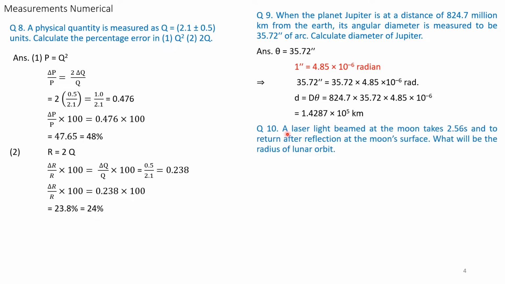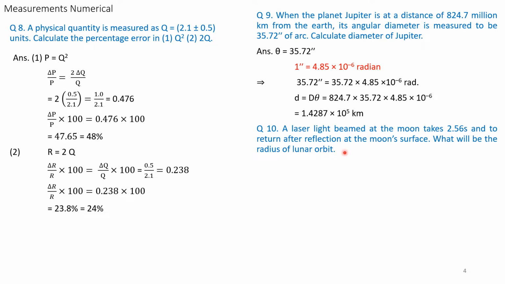Question number 10. A laser light beam sent at the moon takes 2.56 seconds to return after reflection at the moon surface. So the time taken to travel to the moon and return after reflection is 2.56 seconds. What will be the radius of the lunar orbit?